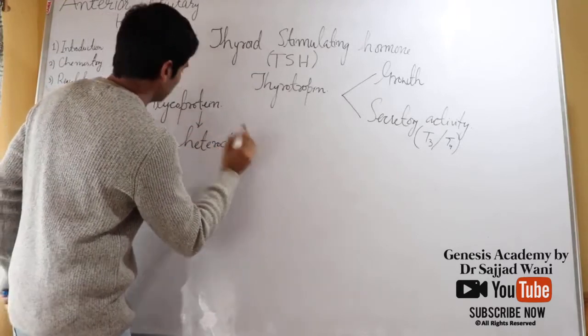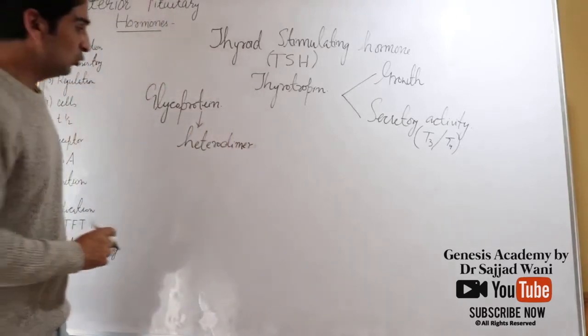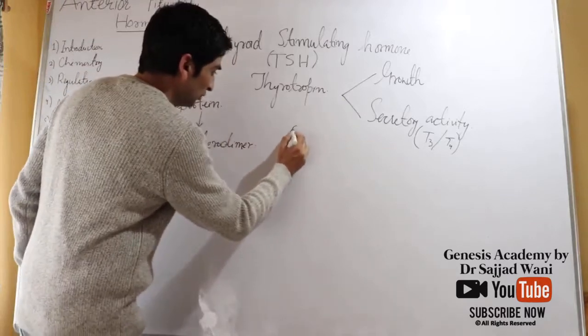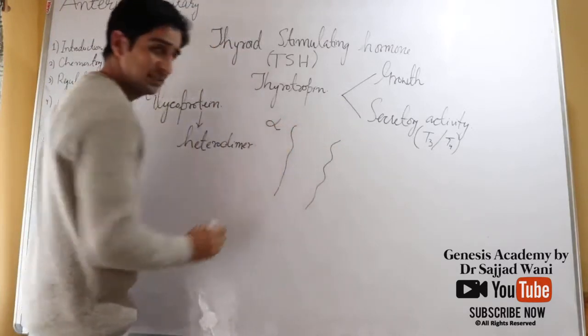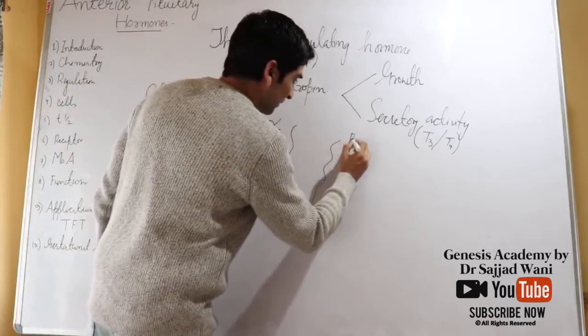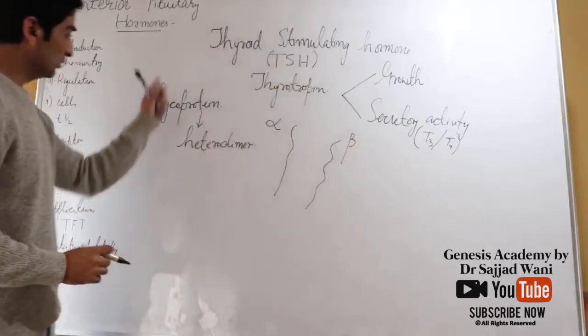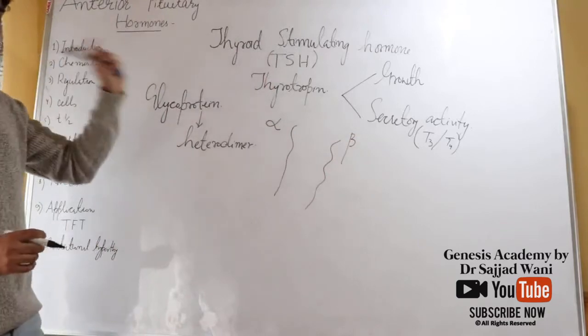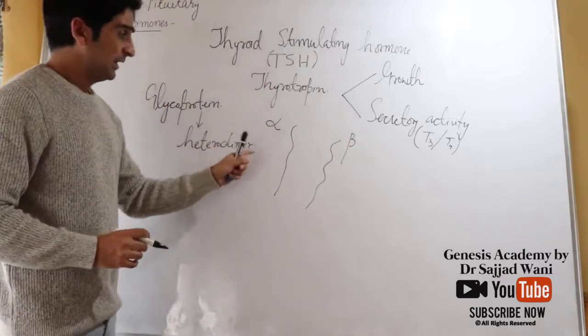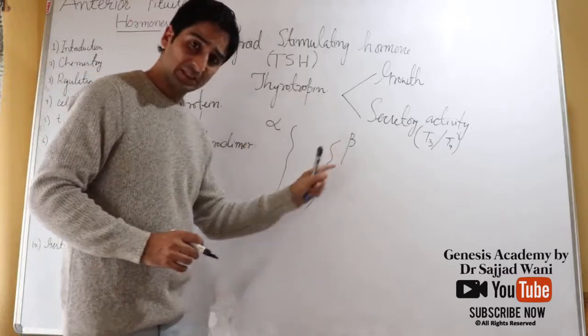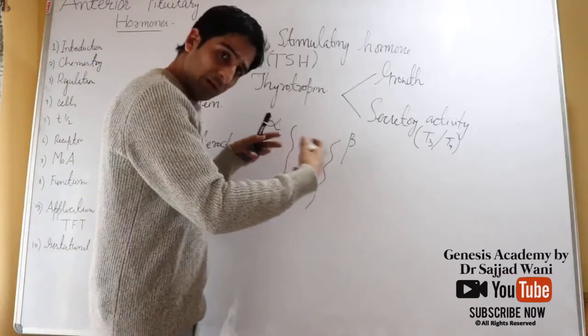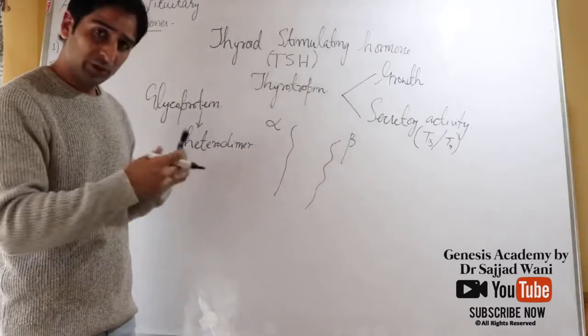That means this hormone has two chains. The first chain is known as the alpha chain, and the second chain is known as the beta chain. So this thyroid stimulating hormone or thyrotropin has two chains, one is the alpha chain and the other is the beta chain, joined together by a non-covalent bonding, right?